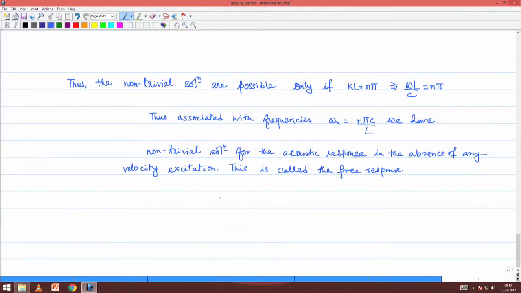So, the moral of the story is this: associated with these very distinct frequencies, given by the formula n pi c by L, we are expecting a non-trivial solution to come out, and these frequencies are called the natural frequencies of the system.